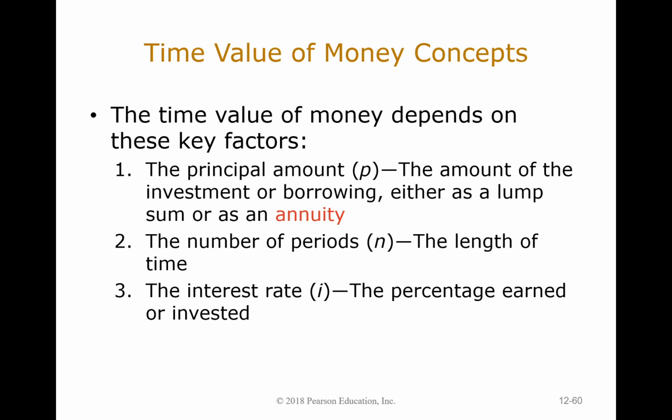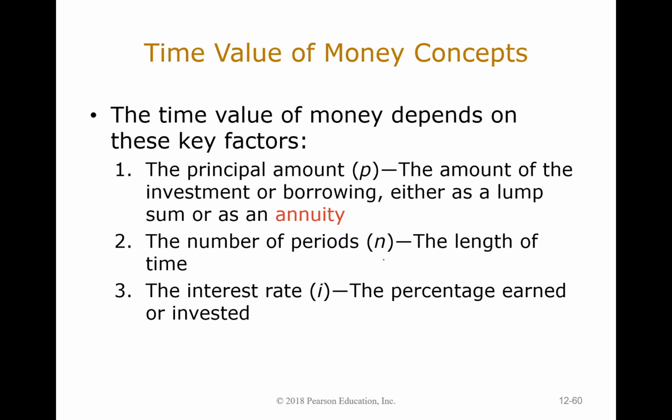So we have to know a few things here. We discussed some of this right before our little hiatus, but we've got a principal amount, which is the amount of the investment or borrowing as a lump sum or an annuity. An annuity is where we have equal payments spread out over time at equal periods.